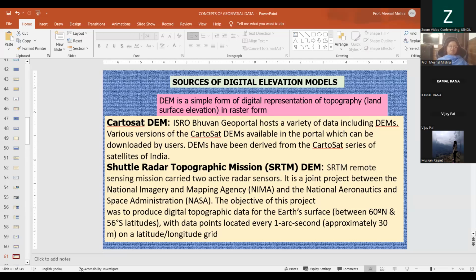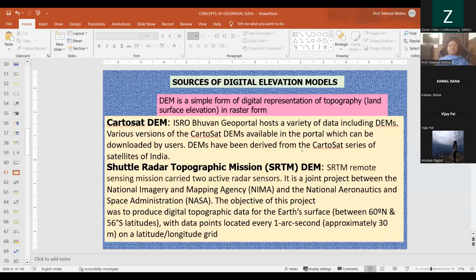As mentioned in the earlier section, ISRO Bhuvan Geoportal hosts a variety of data, and it includes DEM also. There are various versions of Cartosat DEM available in that portal, and you can download from there. These DEMs have been derived from a series of Cartosat satellites of India.